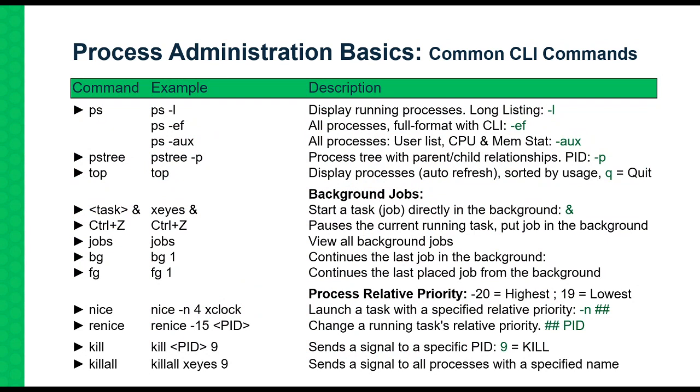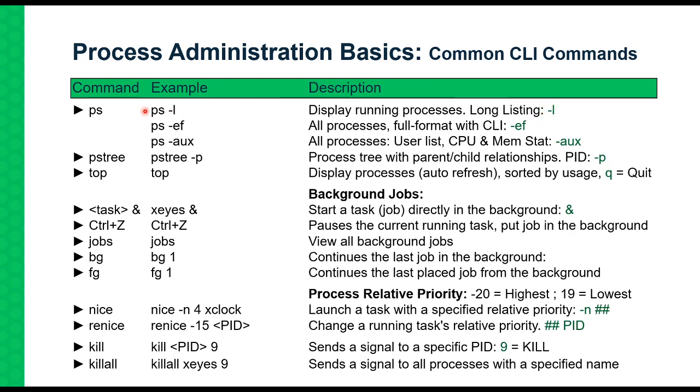With administration basics, there are many command line interface commands which we need to know and we will play with. So we will take this section by section. We first look at the first section, then we'll quickly practice that, and we'll do the next sections thereafter. The first one we look at is how we can display running processes. For that, we use the ps command. For a longer listing, you use -l.